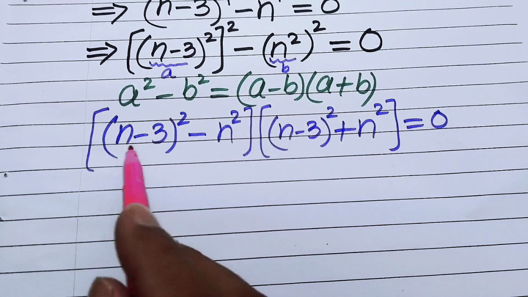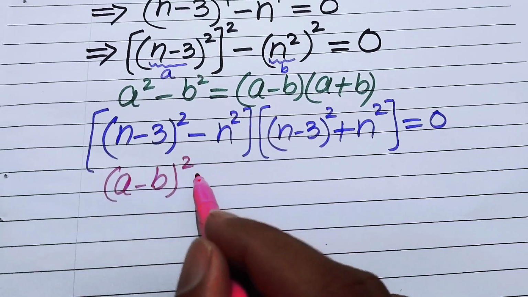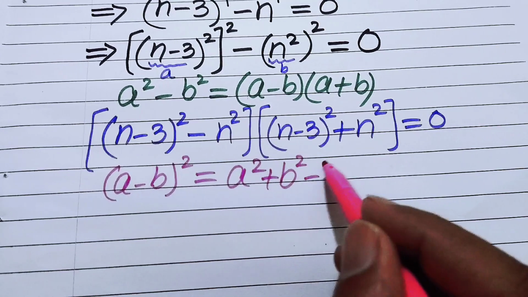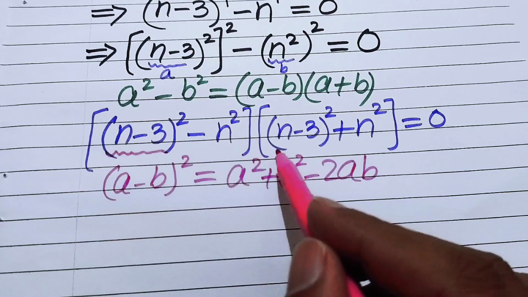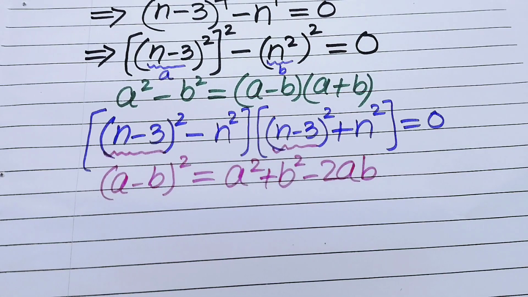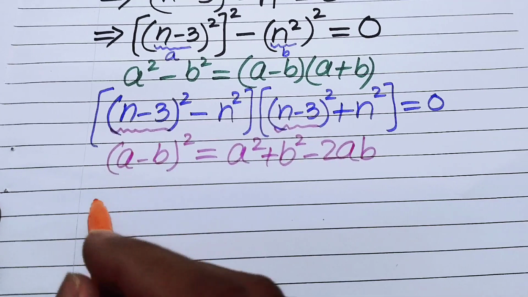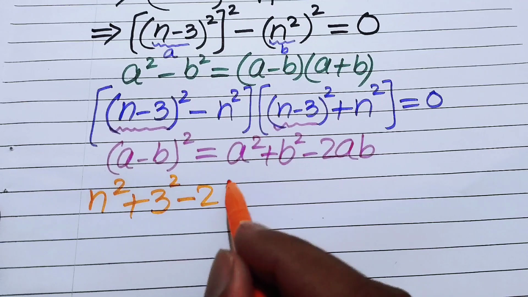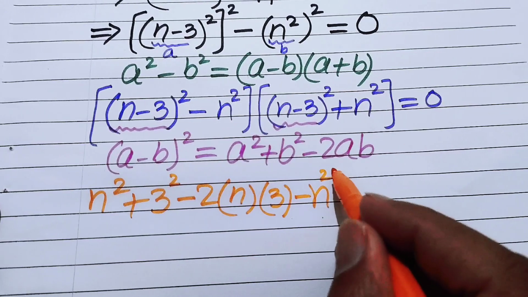First we open (n minus 3) squared, and you know about (a minus b) squared, it equals a squared plus b squared minus 2ab. So we need to use this nice formula on both of the above terms, and you will get n squared plus 3 squared minus 2 times n times 3, and we have minus n squared.